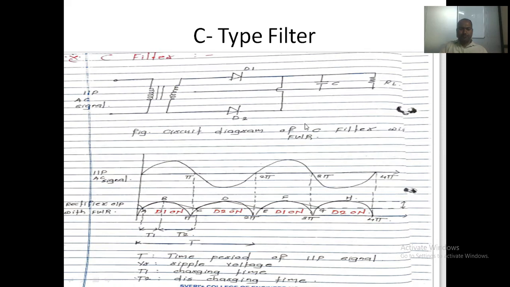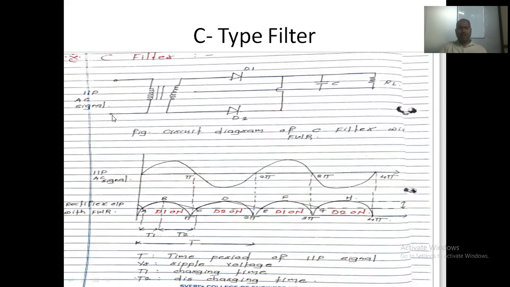I have explained this diagram. To see the performance of the capacitor type of filter, we start with the input. The figure above shows the circuit diagram of the capacitor type of filter.